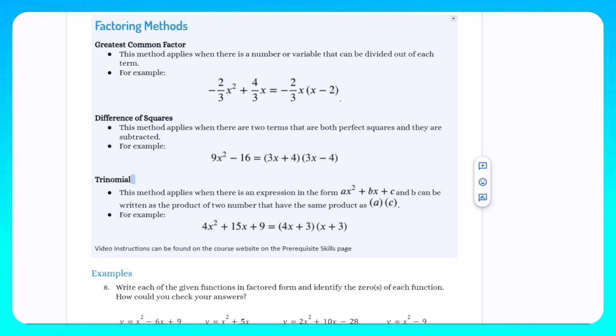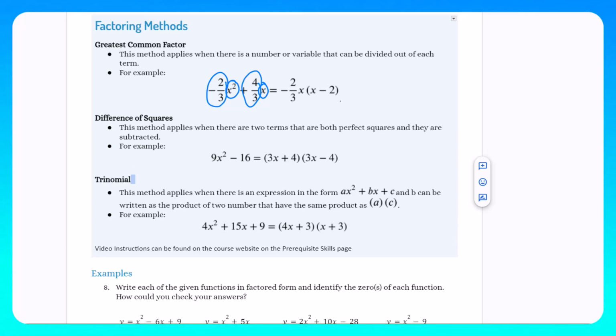And I look at it in two ways. I not only look for the common factor of the variable, which in this case would be x, but I'm also going to look for the common factor of these coefficients. This one's a little tricky. It's actually a 2/3.